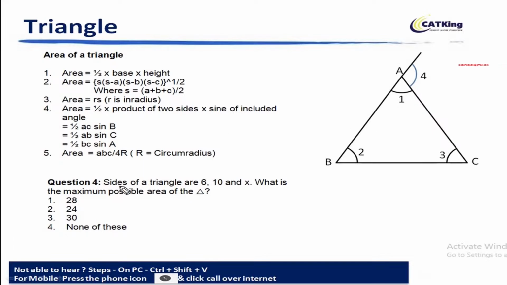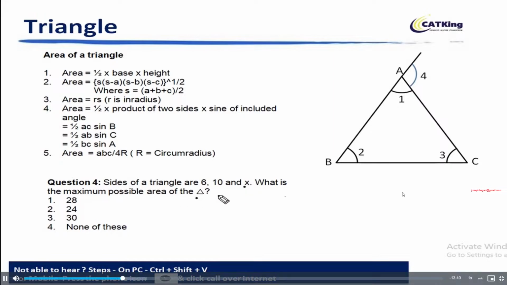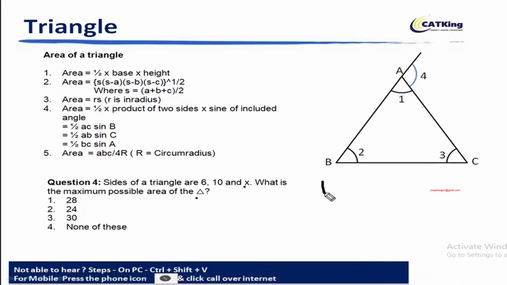Okay, the first question says the sides of a triangle are 6, 10 and x. One side is not known. What is the maximum possible area of the triangle? The maximum possible area of the triangle will be half into 6 into 10 into sine of the included angle.